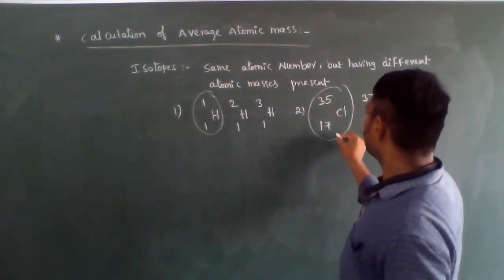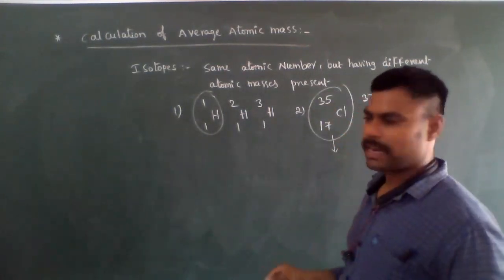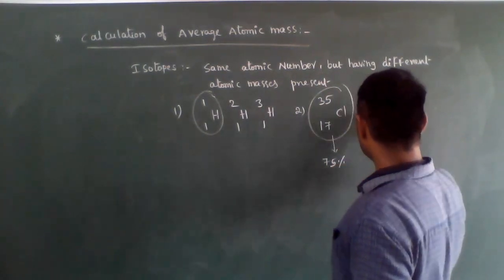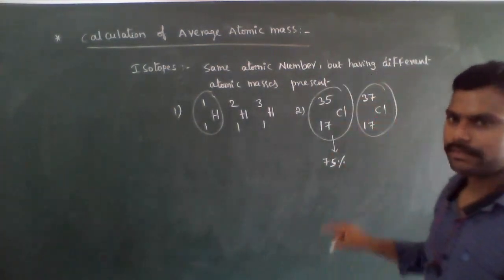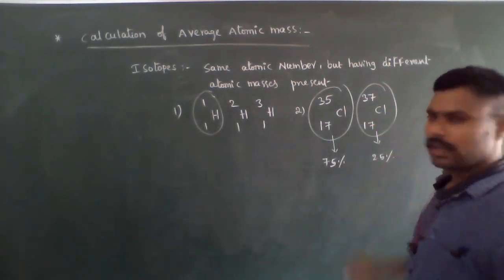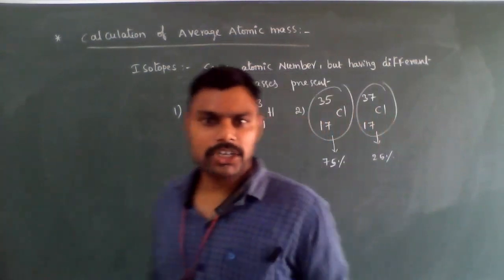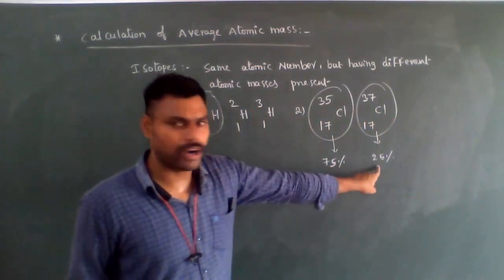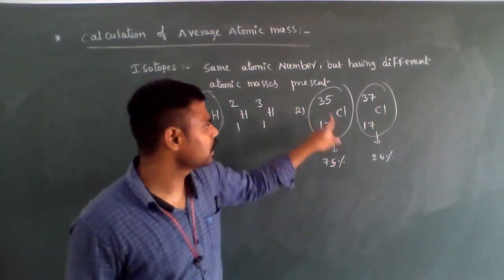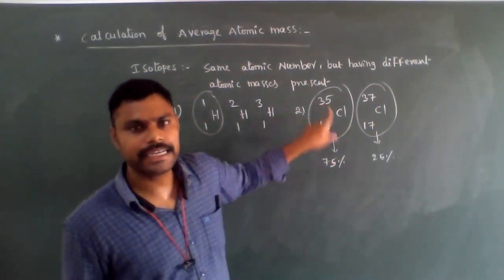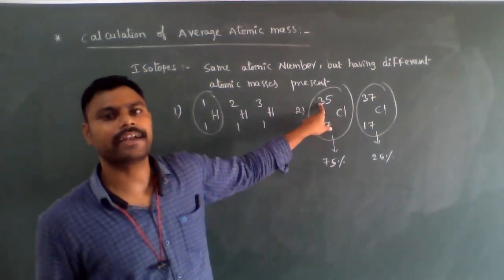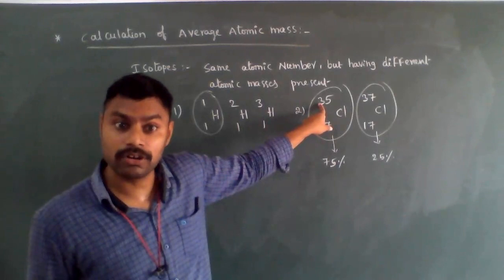In nature, the abundance of chlorine 1735 is around 75%, and the percentage abundance of chlorine 1737 is 25%. So we cannot simply consider the chlorine atomic weight as 35 only.